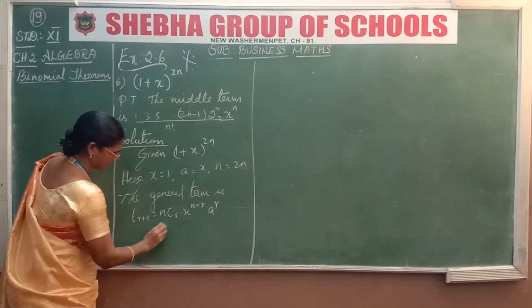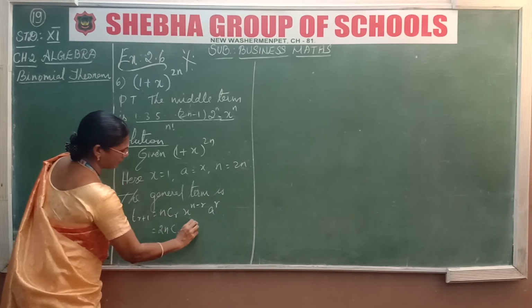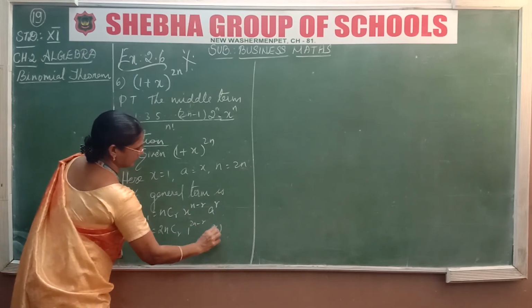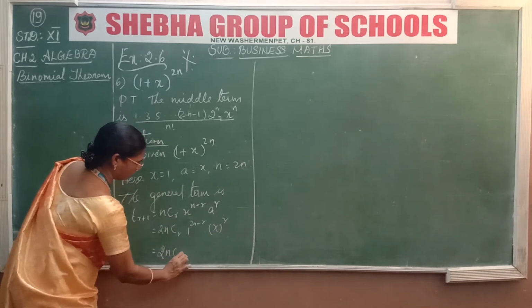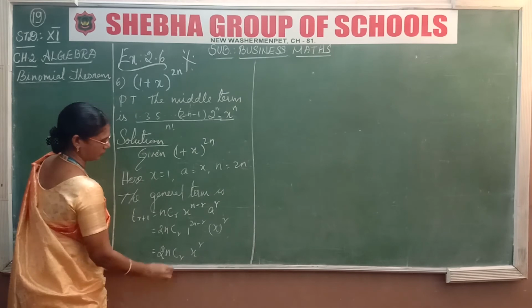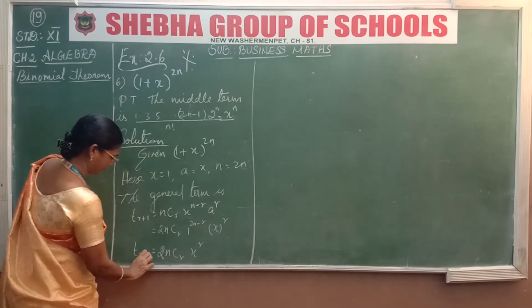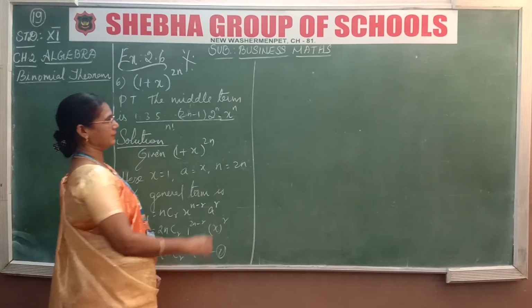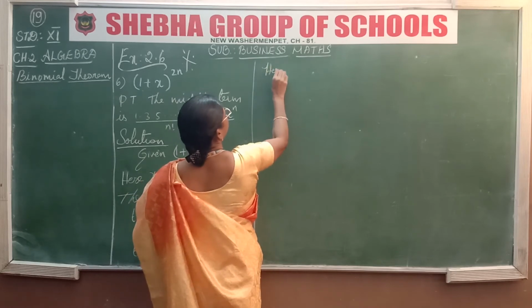Write the general term formula. General term formula is this, substituting 2nCr 1 power 2n minus r into a is here x, x power r. That is 2nCr x power r. Okay, 1 power 2n minus r becomes 1, and this is T r plus 1, and this is our first equation. Next, to find the middle term. Here n is what?